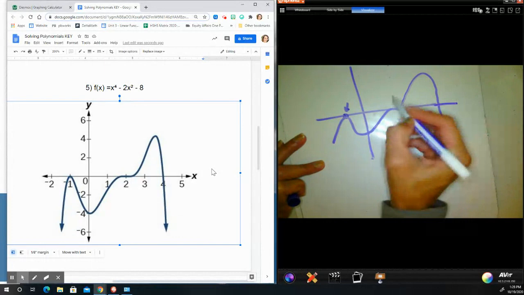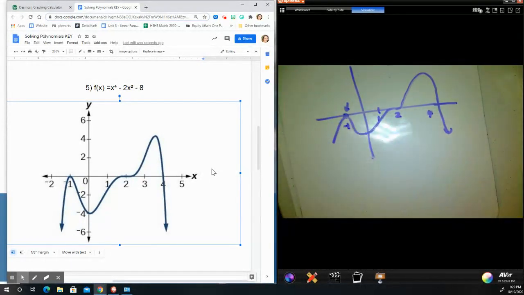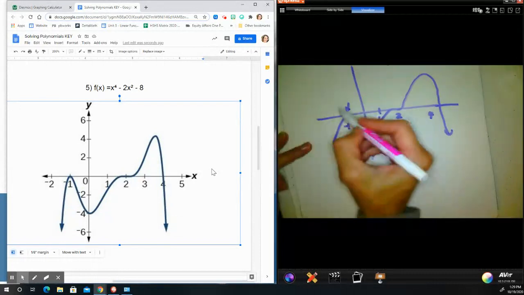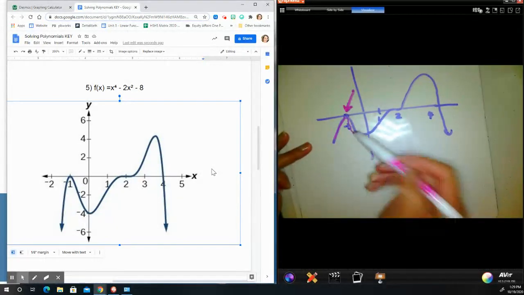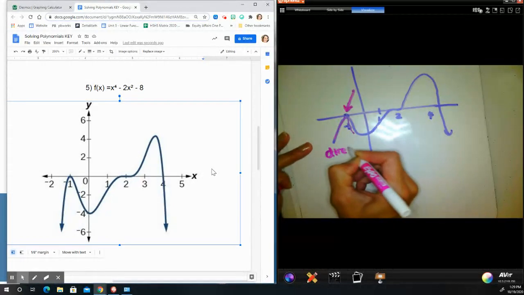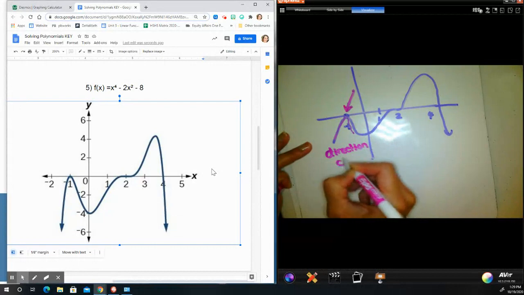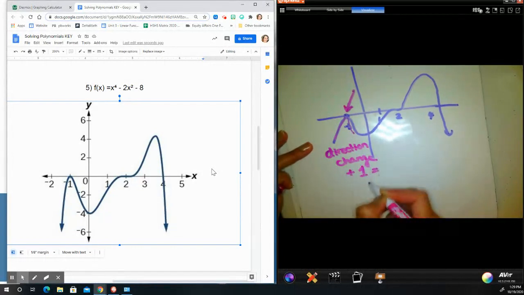I was not an art teacher on purpose, so please don't judge my art. But right here, you see how this comes up and goes right back down? It changes direction once. So direction change plus 1 gives you the degree or the multiplicity.